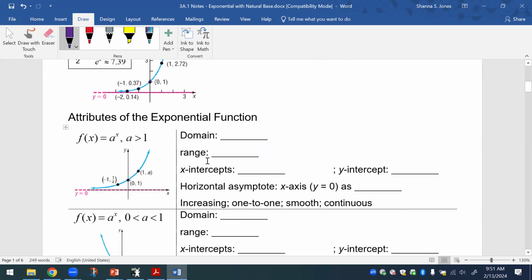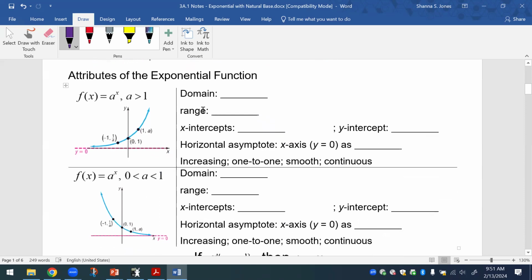All right. Reviewing, it has the same attributes as all exponential functions. If it's a growth, your domain is going to be from negative infinity to positive infinity. Your range is from 0 to infinity. You do not have an x-intercept.